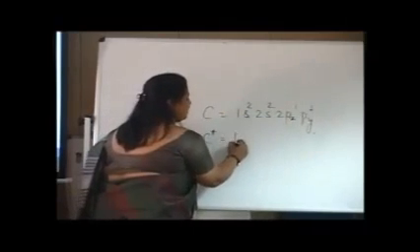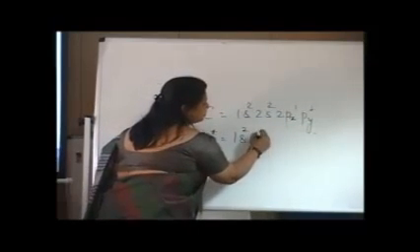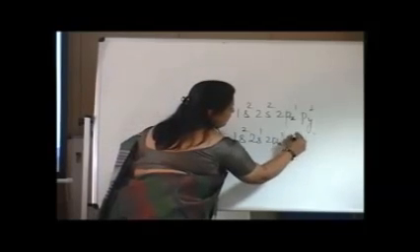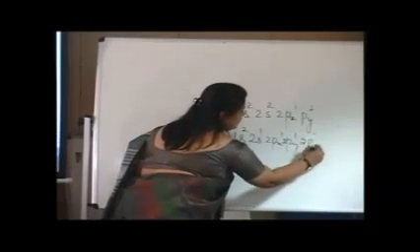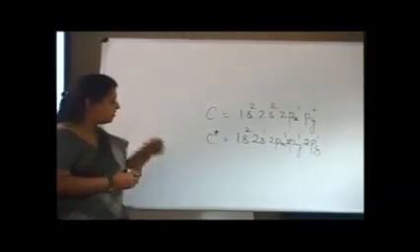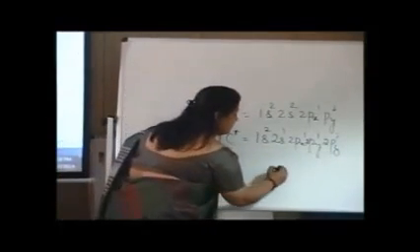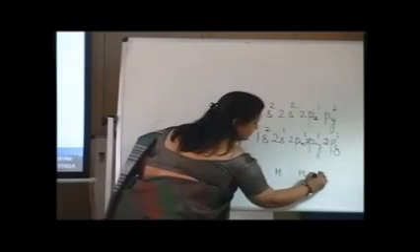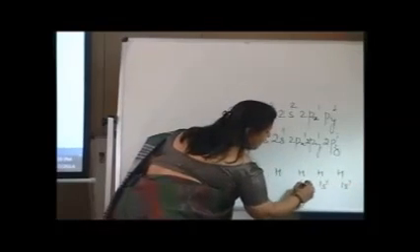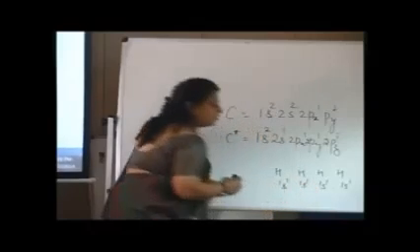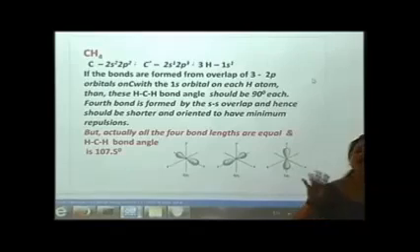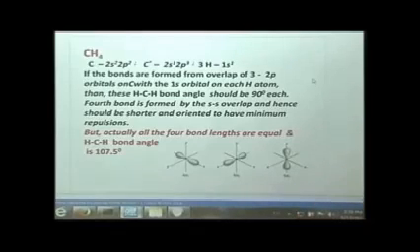In order to do that, I excite the carbon atom to 2s1, 2px1, 2py1 and 2pz1. So this is the excited electronic configuration for carbon. Apart from this, I have 4 hydrogen atoms, each hydrogen atom having 1s1 electronic configuration.